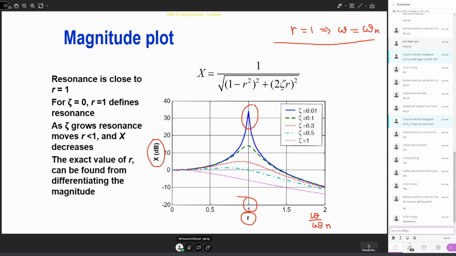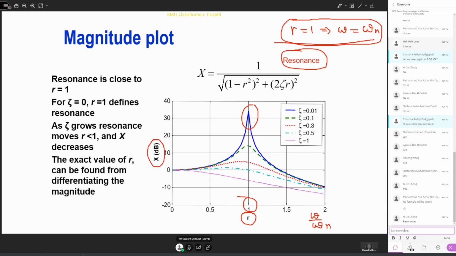Please note that there will be a small MCQ question where students normally tend to pick a wrong answer. That is mainly because they are not sure what resonance frequency is. Resonance frequency is equivalent to the natural frequency.